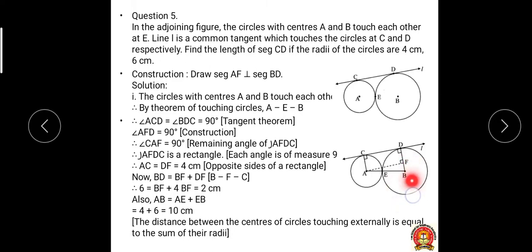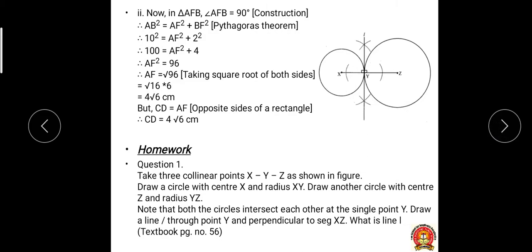FB is 2. So by the Pythagoras theorem, AF square is equal to AB square minus BF square. That is 10 square minus 2 square. So 100 minus 4 is 96. AF square is 96.